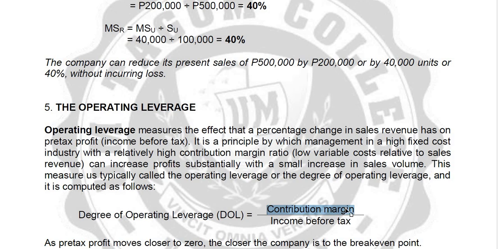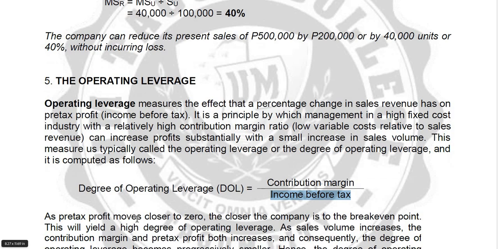Your contribution margin, you divide it by the income before tax. So, as pre-tax profit moves closer to zero, the closer the company is to the break-even point. This will yield a high degree of operating leverage.